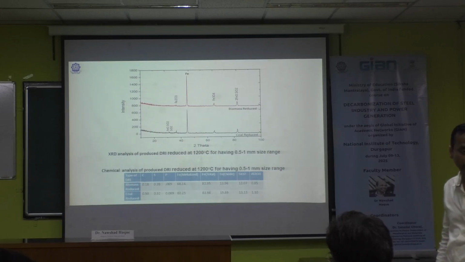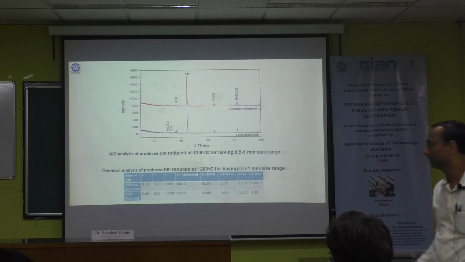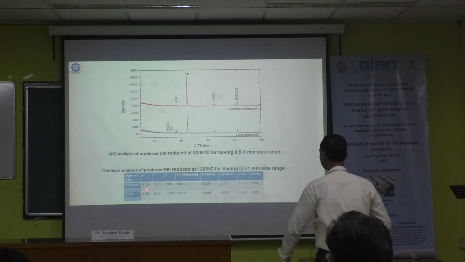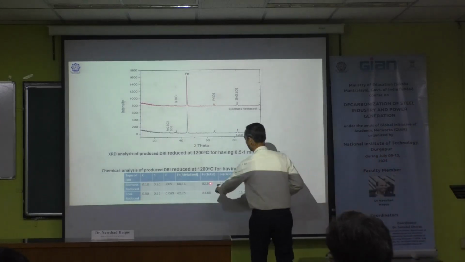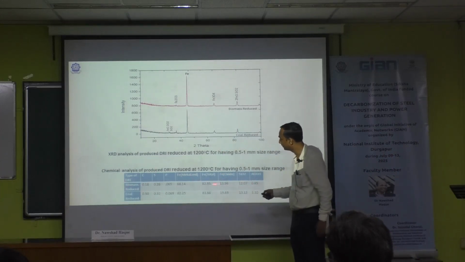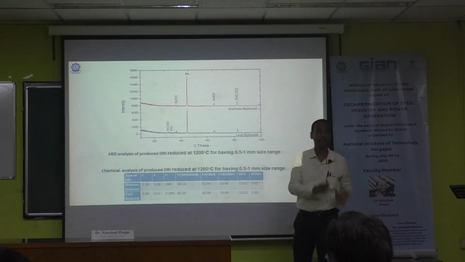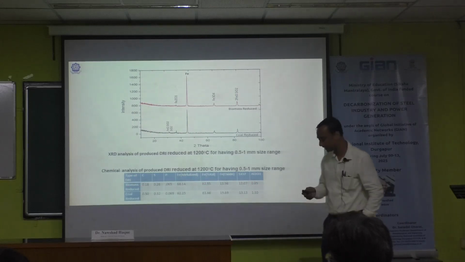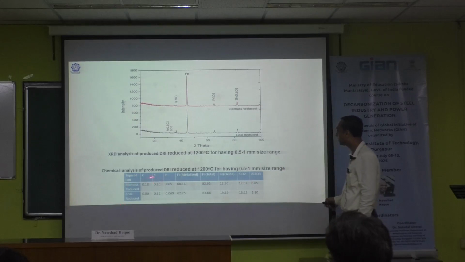Is this analysis similar to iron, that you produce hot metal? No. This is the analysis of that DRI itself. Inside the DRI, how much carbon is there, how much sulfur is there, how much phosphorus is there.